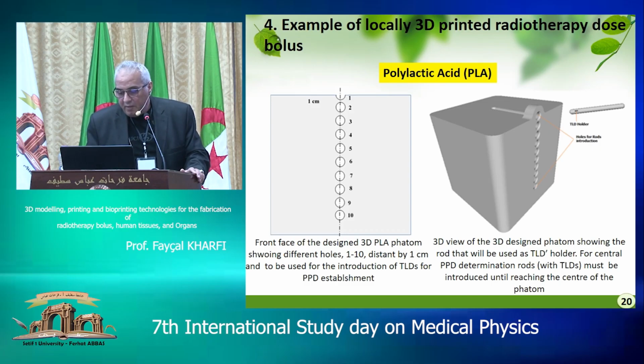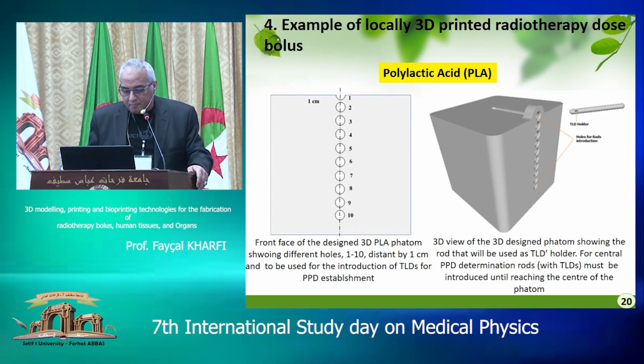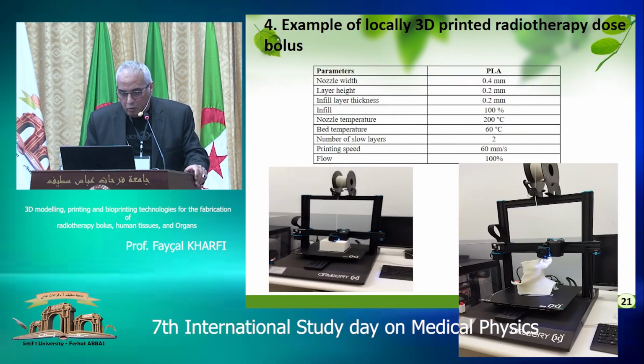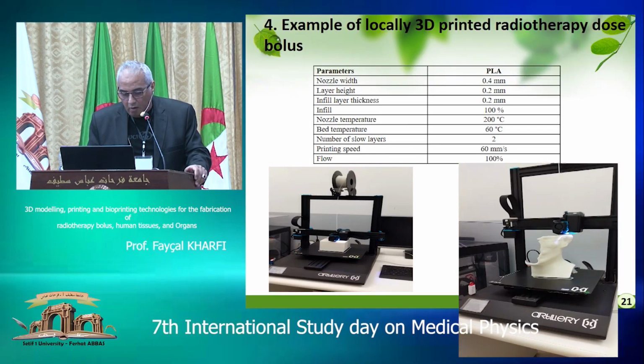So we fabricate such a phantom just for this purpose, and in order to introduce the necessary data to the treatment planning system. Here I show you the printing parameters that we selected to fabricate our phantom.